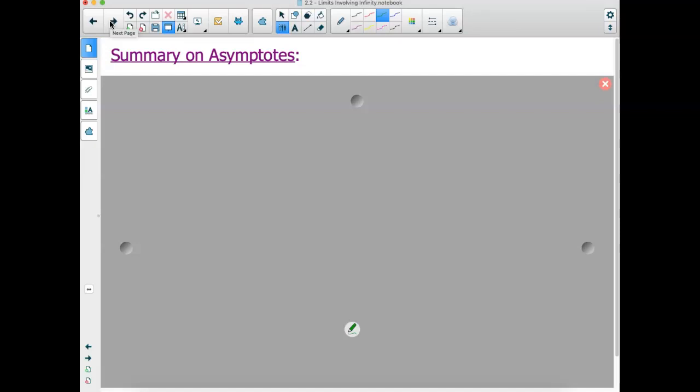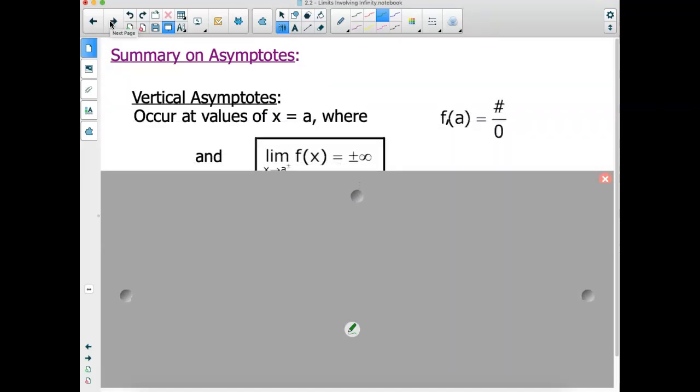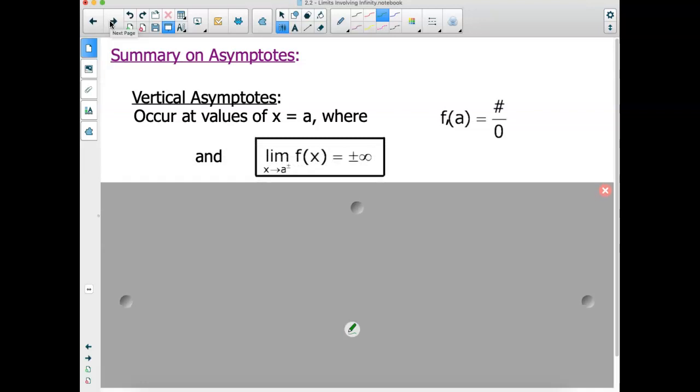Okay, from here, a general summary on asymptotes. Vertical asymptotes occur at values of x equals a, where f of a gives me a number over 0, like I showed before. If I have that, then I can take the limit as I approach a from the right and the left to show whether I'm going up or down.